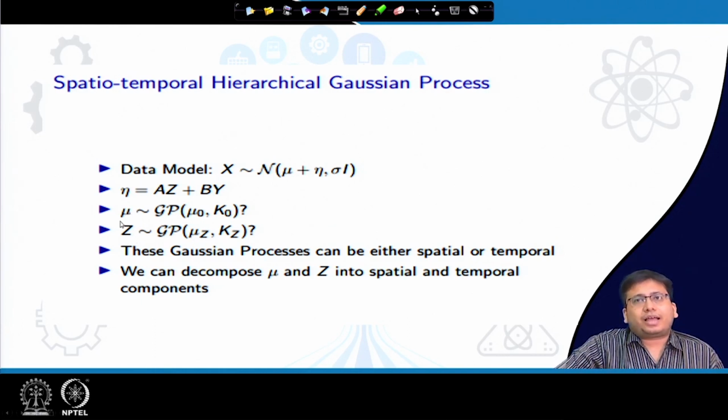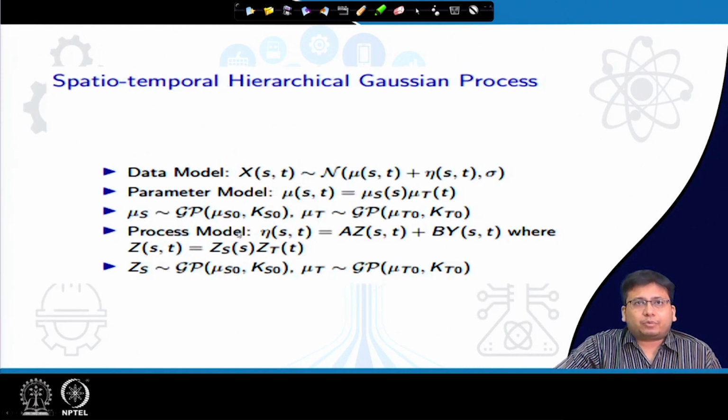What does it help us? It helps us in preserving the spatial covariance or correlation between the different locations. These Gaussian processes can be either spatial or temporal, and we can decompose mu and z into the spatial and the temporal components somewhat like this.